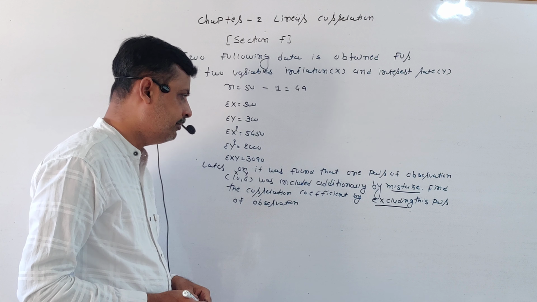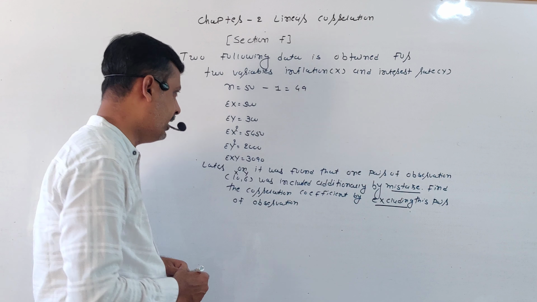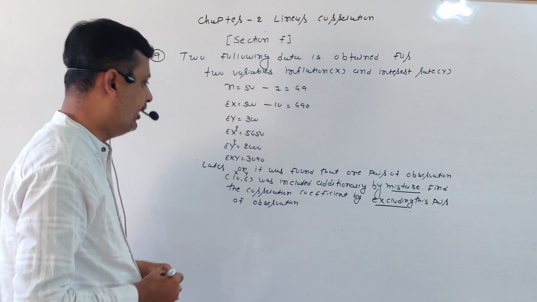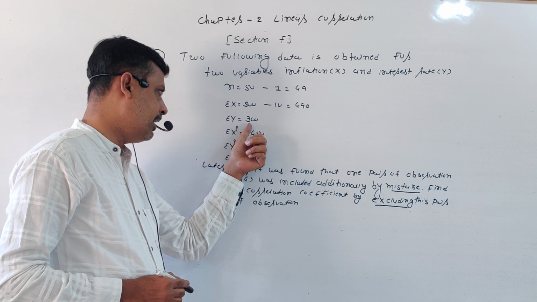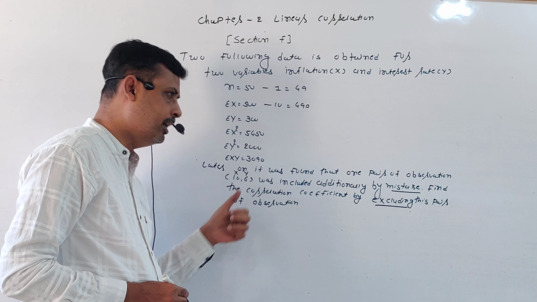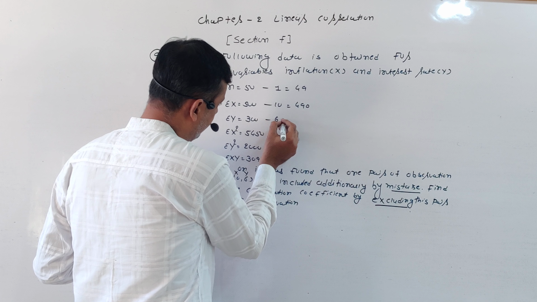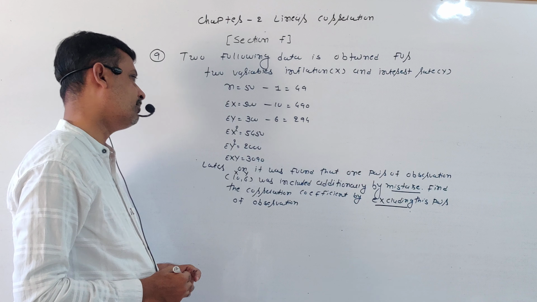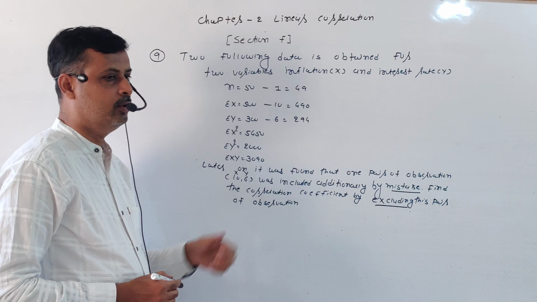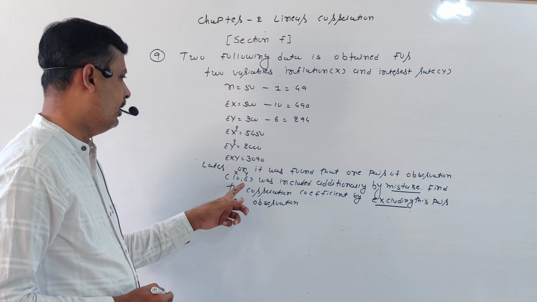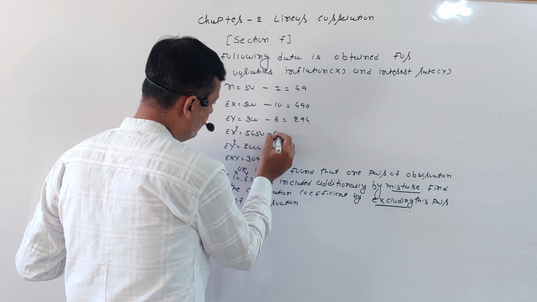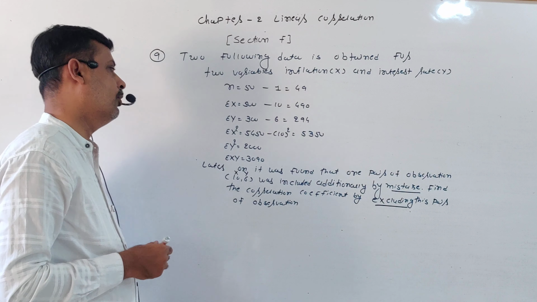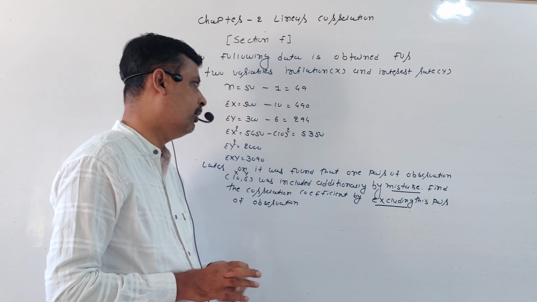Sigma x is 500, but x was taken wrongly as 10, so 500 minus 10 becomes 490. Sigma y is given as 300, but y was taken wrongly as 6, so 300 minus 6 becomes 294. Sigma x square is 5450, x was taken wrongly, so 10 square is 100, and 5450 minus 100 becomes 5350.